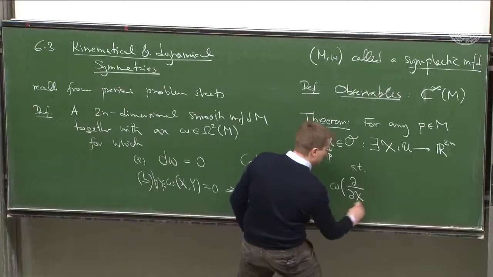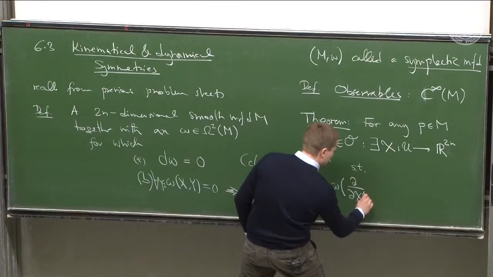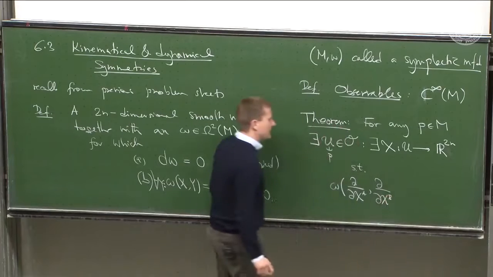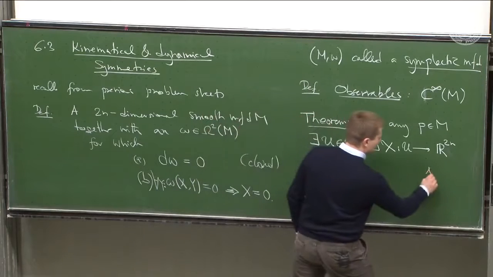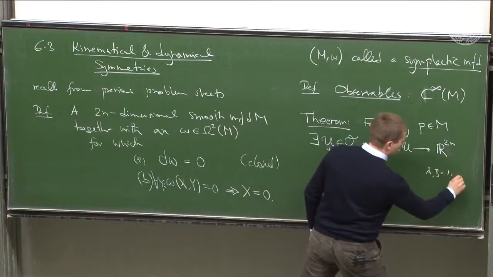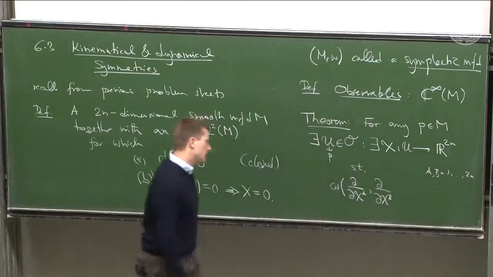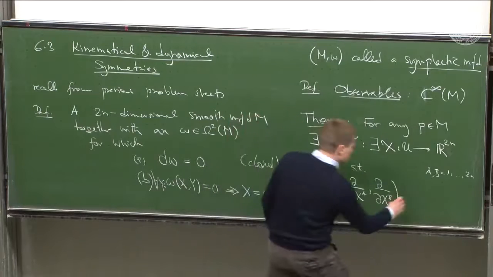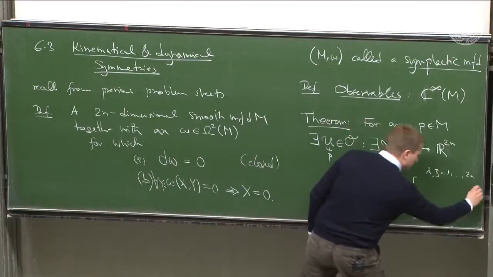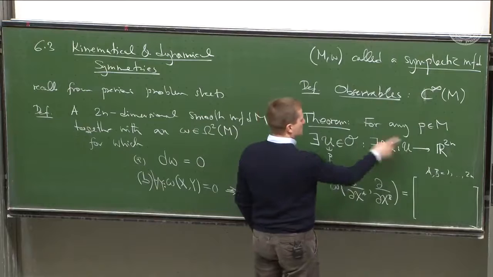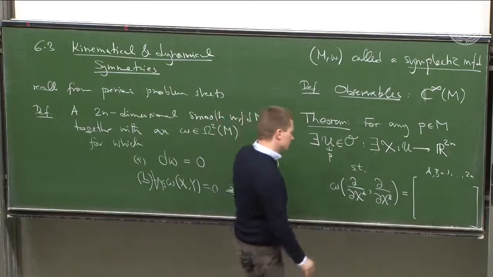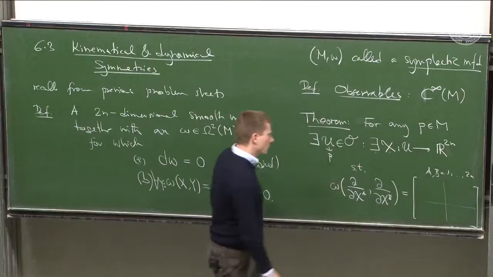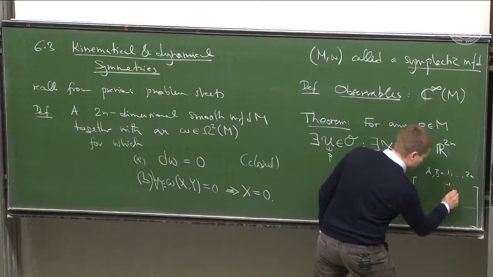Let's write capital A, comma, psi capital B. So I label A, B from 1 to 2n the coordinate-induced tangent vectors, such that, and that's the statement of the theorem, there exist coordinates on such an extended region such that the omega looks like this.